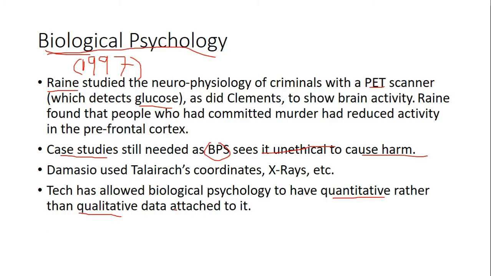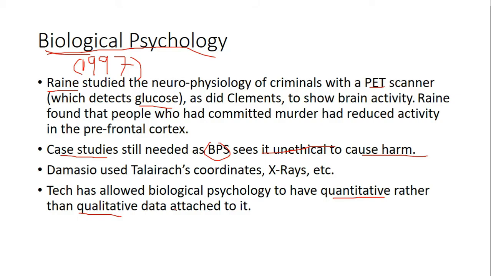Qualitative is like written records, and you can kind of argue with written paragraphs. For example, 'Phineas Gage came into the pub today and he threw a glass on the floor and started shouting like a madman.' It's kind of subjective as to what that means. That's qualitative data.